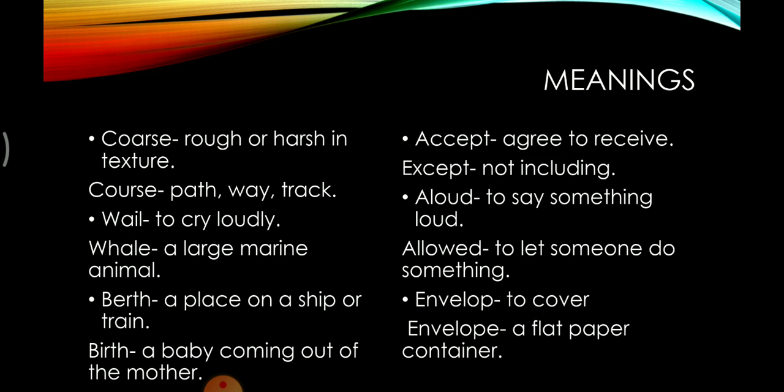Next, wail, to cry loudly. I wailed while my hand got burned. And whale, a large marine animal. You all know the animal, right? Okay, clear with these four meanings?